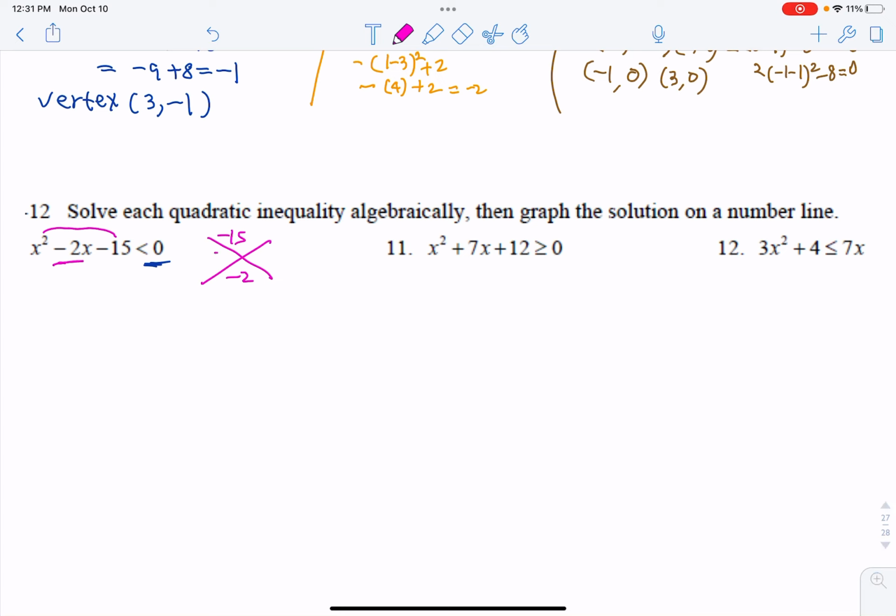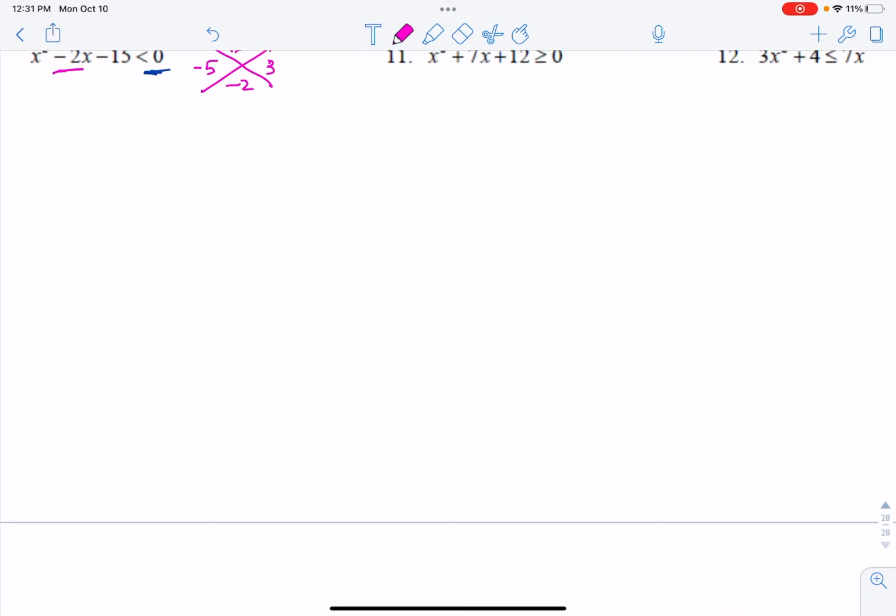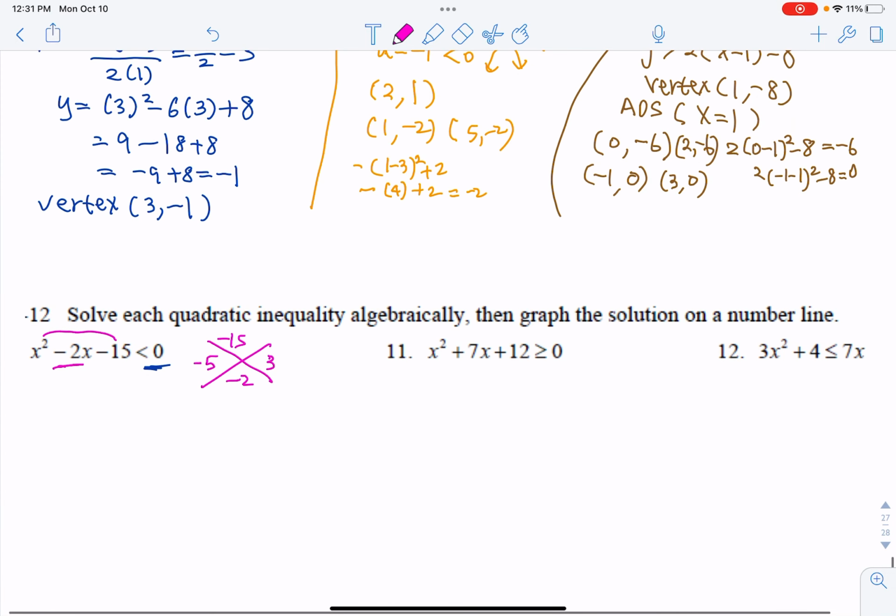So I found 5 times 3, and you have to put one of them as a negative to get a negative when you multiply together. So negative 5 times 3. So I can rewrite as x squared minus 5x plus 3x. I found the negative 5 and 3, and you replace negative 2x with negative 5x and 3x, and minus 15, and group together.